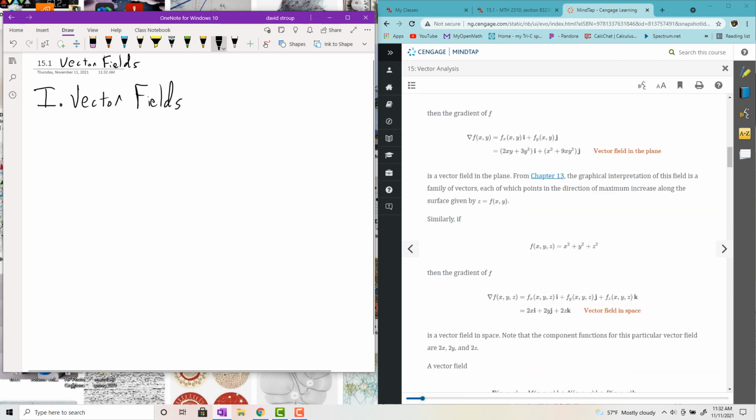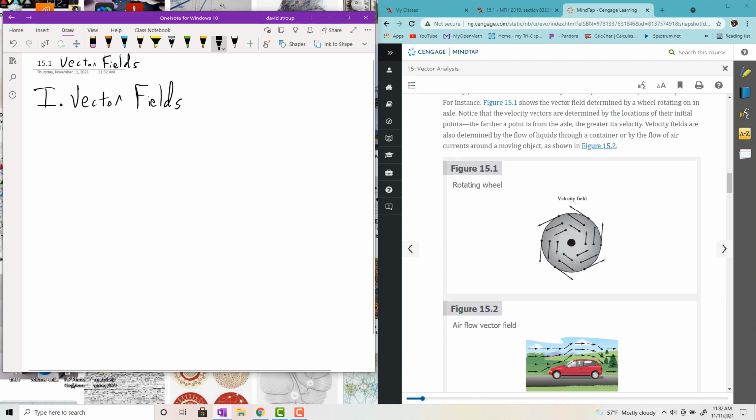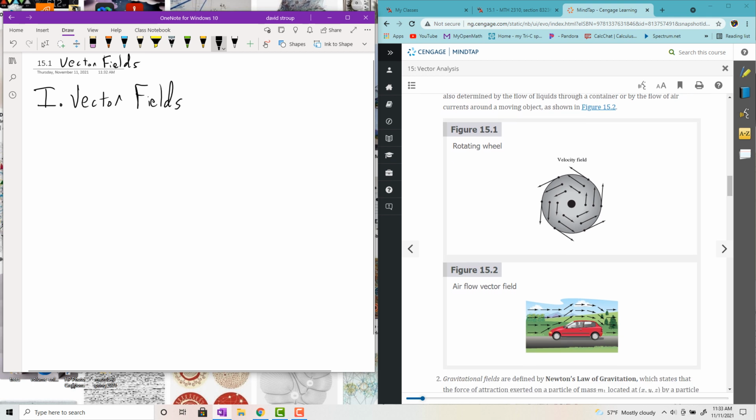They're awesome because you can model all kinds of physical situations, like airflow. If you're looking on the right at figure 15.2, you could model the velocity of all the particles on a rotating wheel. As you get closer to the middle, your velocity is getting smaller and smaller. So the little arrows indicate how big the velocity is and the direction.